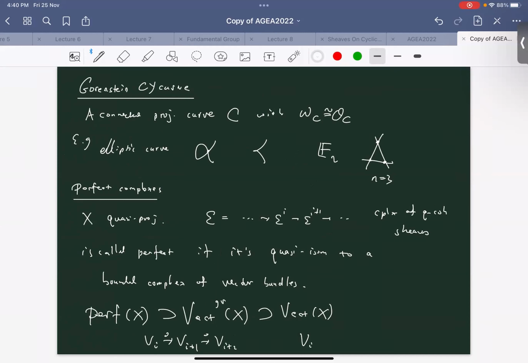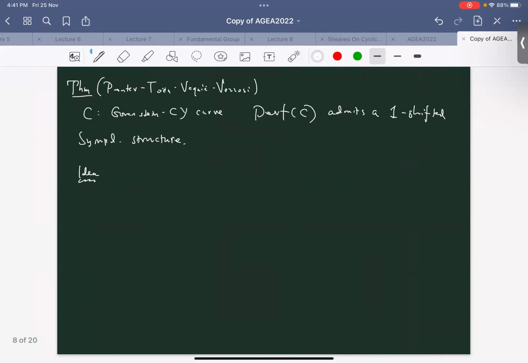So this will be a problem if you want to consider compactifications. However, for defining the Poisson structure, it is very important that we exclude those which are not perfect. Okay, so this is just a remark. For an elliptic curve, for example, this doesn't really matter. Any questions?